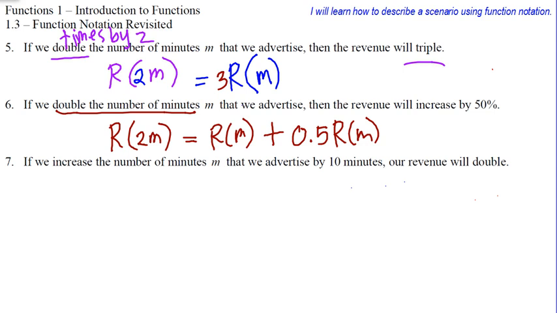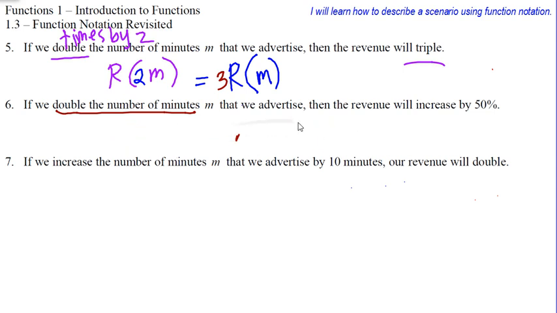So you can show it by R of M plus 0.5 R of M. Or as an alternate, let me erase this and make it smaller so that they fit.